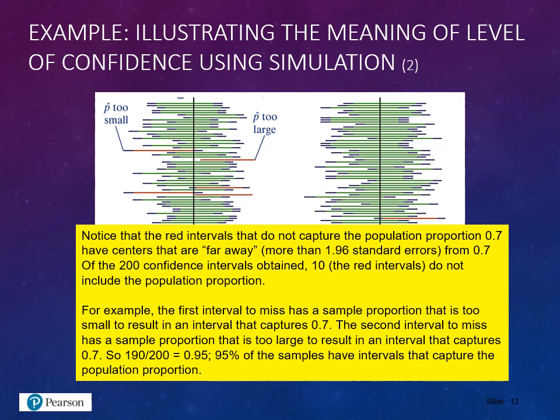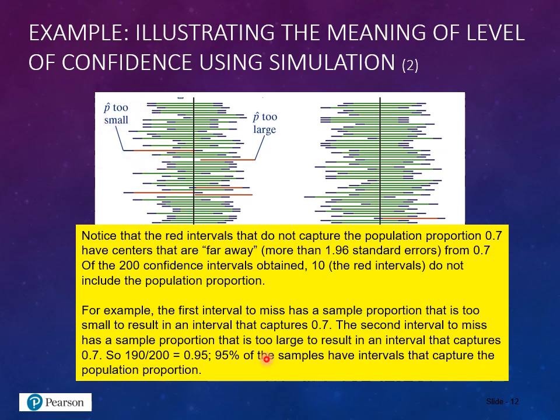Notice that the red intervals, which do not capture the population proportion 0.7, have centers that are far away, more than 1.96 standard errors from 0.7. Of the 200 confidence intervals obtained, 10, which are the red intervals, do not include the population proportion. For example, the first interval to miss has a sample proportion that is too small to result in an interval that captures 0.7. It's right here, so it's pointed out here.